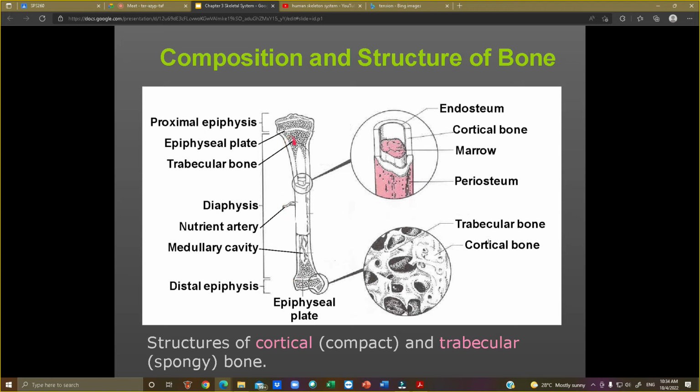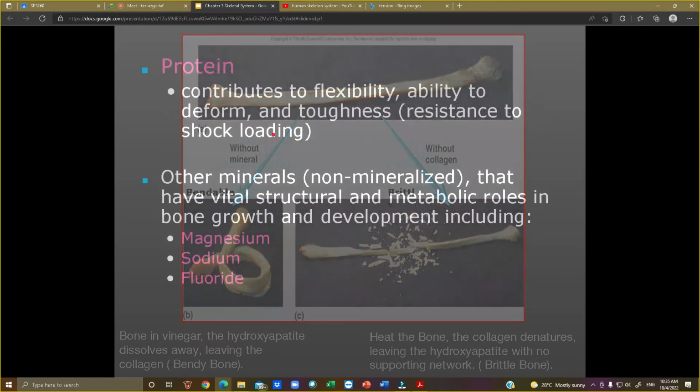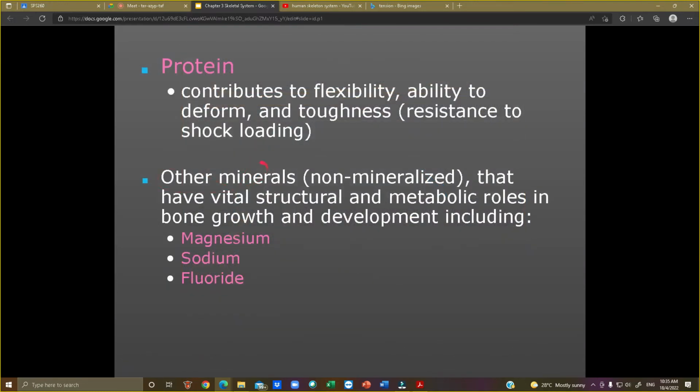Selain daripada tu, apa dia? Cartilages. Okay. All those cartilages which surrounding the bone. Tu protein. And it is actually part of the bone itself. Okay. Next one, we have some trace mineral that have vital structural and metabolic role.